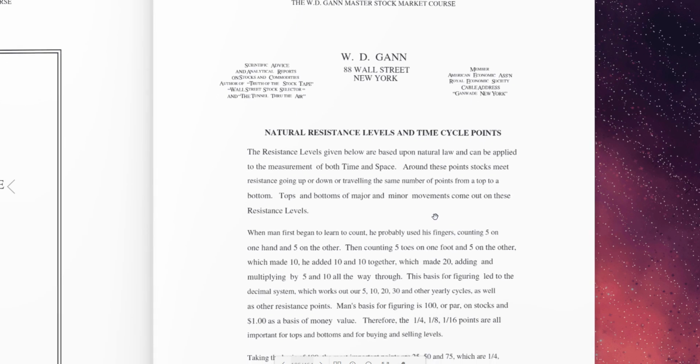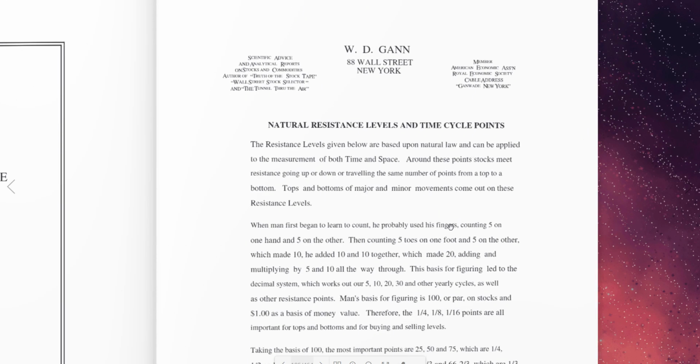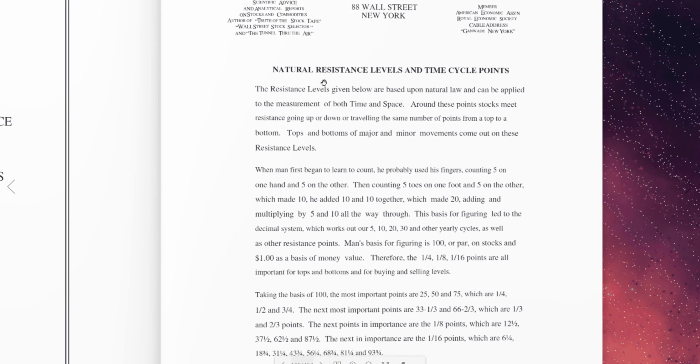So starting, we find this chapter. He starts talking about the natural resistance levels and the time cycle points. So you see how this section works. Everything in this section is like this.